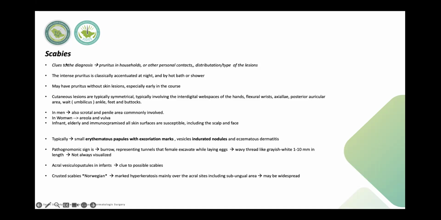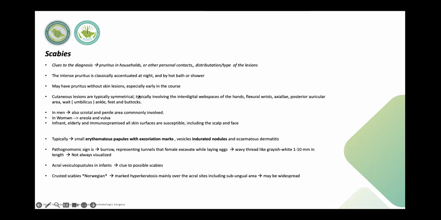Diagnosis is usually clinical. The clues are pruritus in the household, a history of personal contact with someone with scabies, the distribution of the lesions, and the type of the lesions. So how are the symptoms? Usually intense pruritus, classically accentuated at night or with hot bathing or showers.